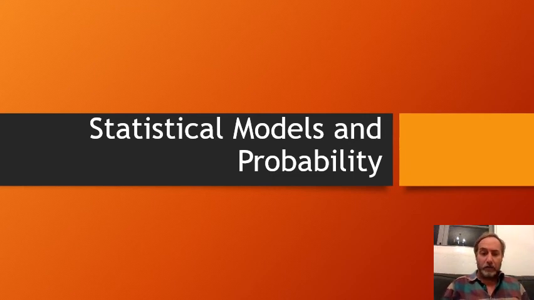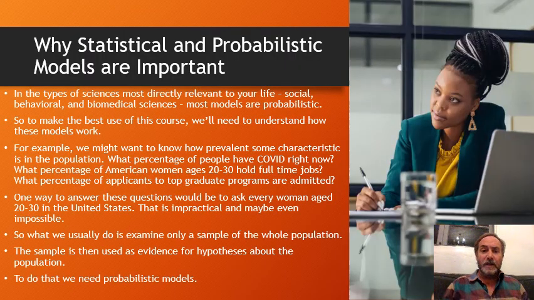All right, so let's get to it. Statistical and probabilistic models, right? In many types of science, many of the ones that are most directly relevant to your life, the social, behavioral, and biomedical sciences, they often make use of these probabilistic models.